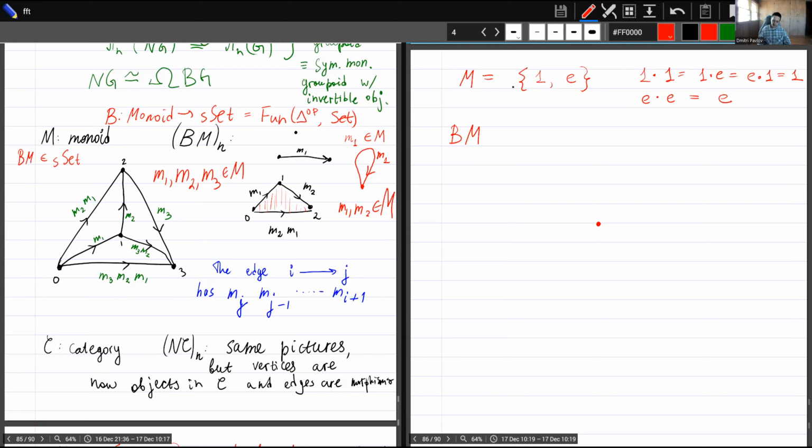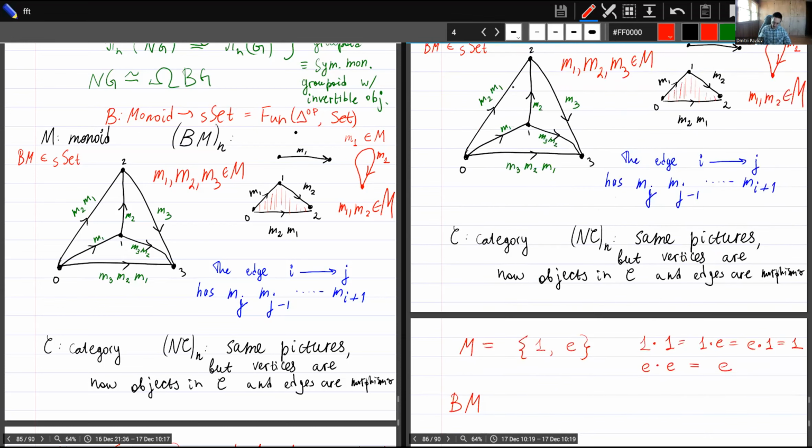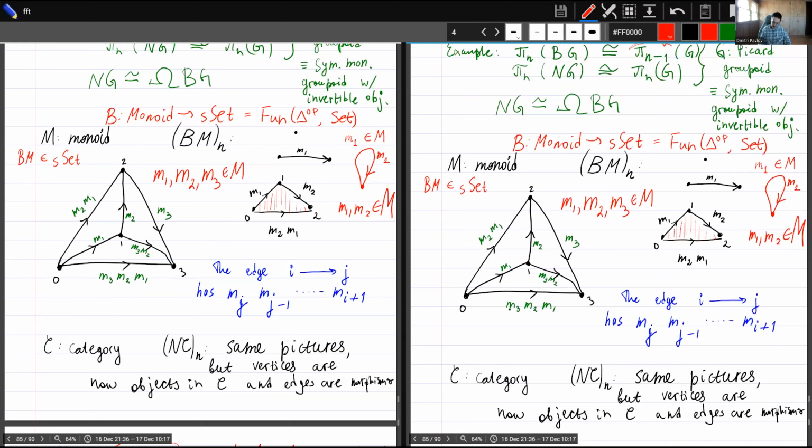And one of those one simplices will be degenerate. So which one will be degenerate? Well, as you have seen already from this picture, the operation of removing a vertex will multiply elements, which makes use of the multiplication operation in our monoid.